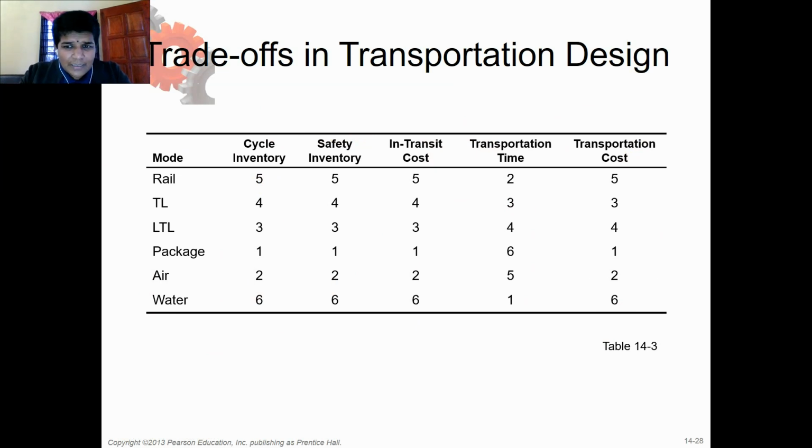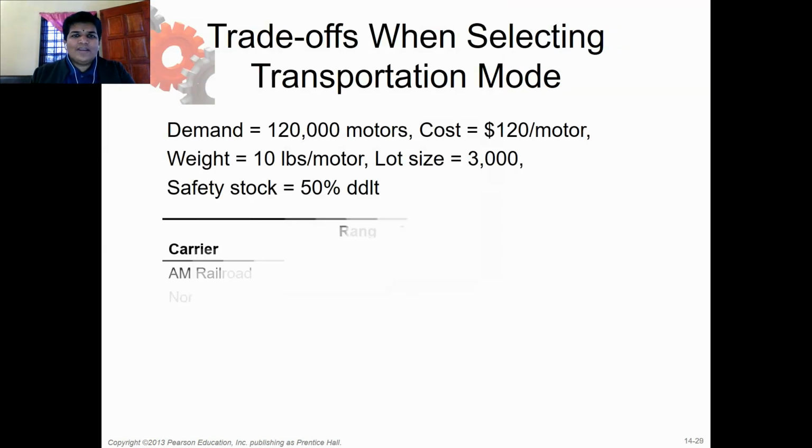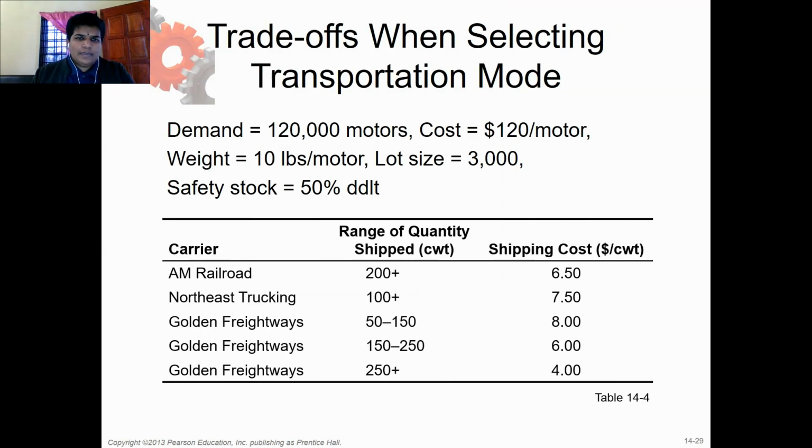Based on this, we can make our network design for transportation. Okay, so trade-off when selecting transportation mode. Okay, for example, demand is 120,000 motors. Cost per motor is 120. Weight will be 10 pounds per motor.